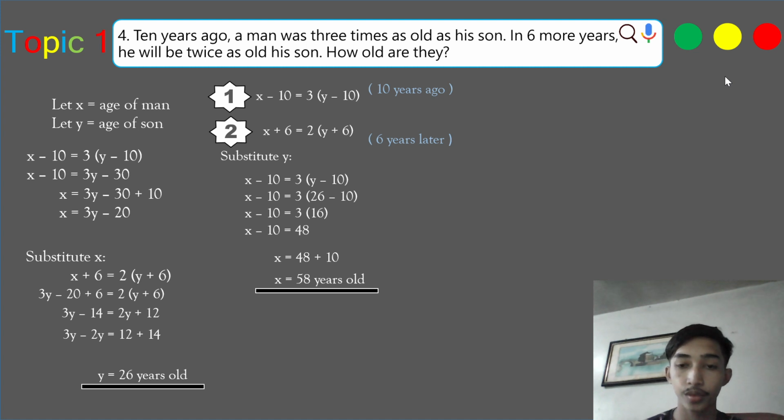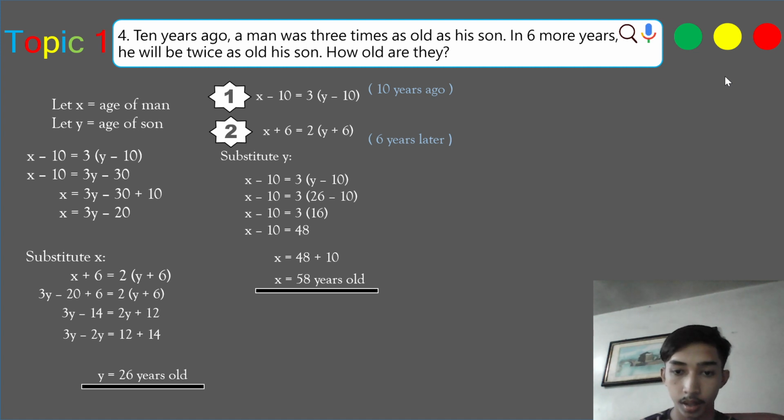So first, we will find the value of x, the age of the man. So x minus 10 is equal to 3 times (y minus 10). So x minus 10 is equal to 3y minus 30, because 3 times y is equal to 3y, and 3 times 10 is equal to 30.